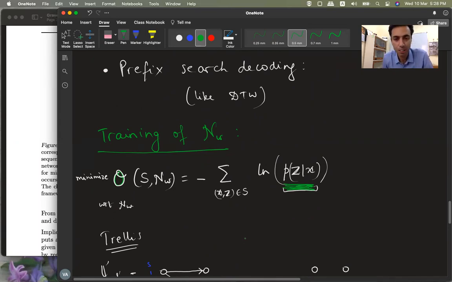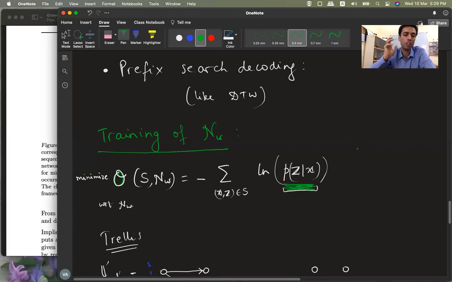If we know the probabilities, then it is just maximizing the likelihood, maximizing the probability of the ground truth. So this Z is my ground truth, and I'm modifying the model such that this probability is maximized for that particular X. For this particular speech, when I'm saying Hari, my probability of the label sequence Ha, Ra, E becomes maximum. So this is the maximum likelihood method.